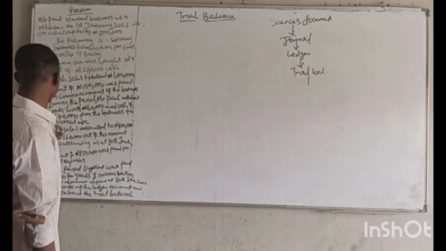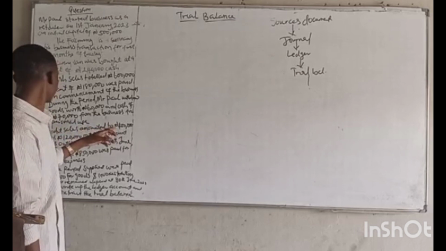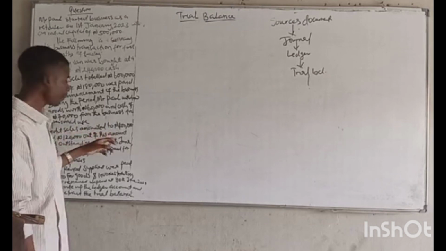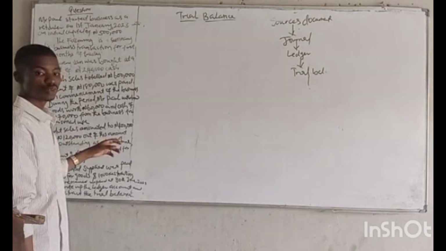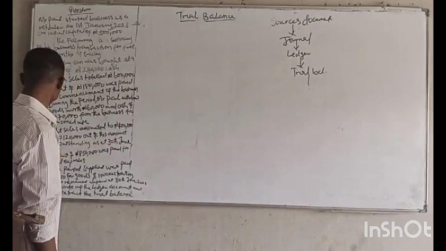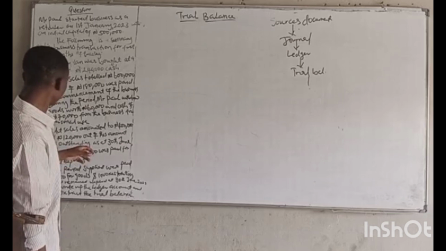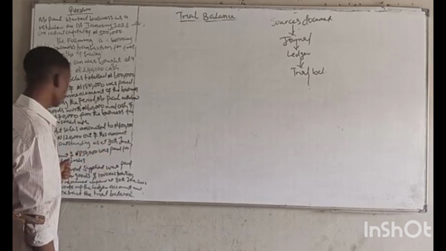Number five, credit sales amount to 400,000 naira and 120,000 naira out of this amount was outstanding as at 30th June 2023. Number six, an amount of 850,000 naira was paid for general expenses.